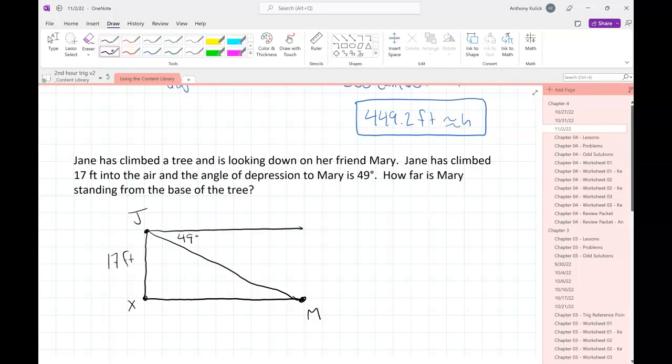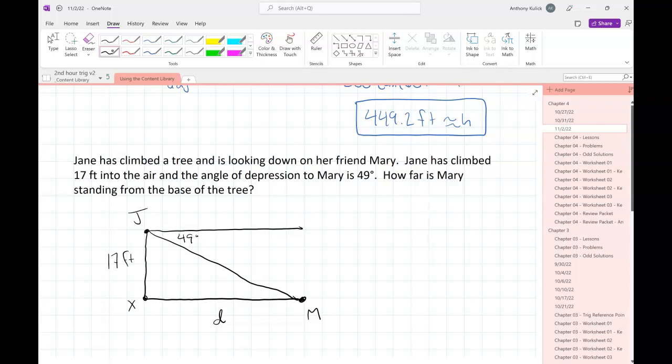It needs to go there. Everybody's cool with that? And what are we looking for then? How far is Mary from the base of the tree? So what is that? XM, right? So I'll call that D for distance or something. Everybody cool with what we're doing?